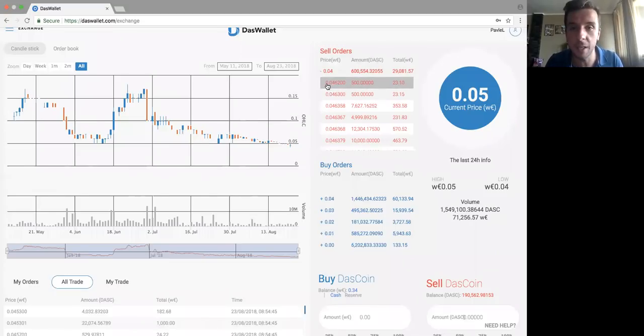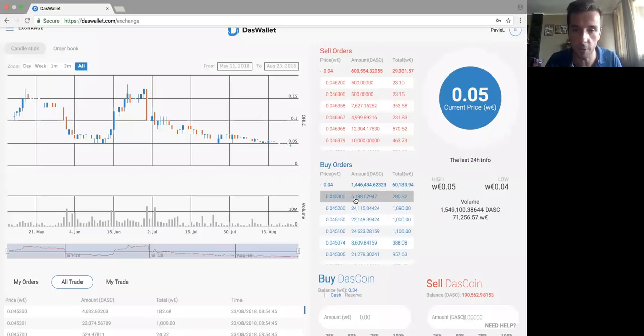So you can see that the lowest selling value is 0.046200 whatever. If we compare it with the buy orders, we see that these two do not match. For example, this one says 0.045300.